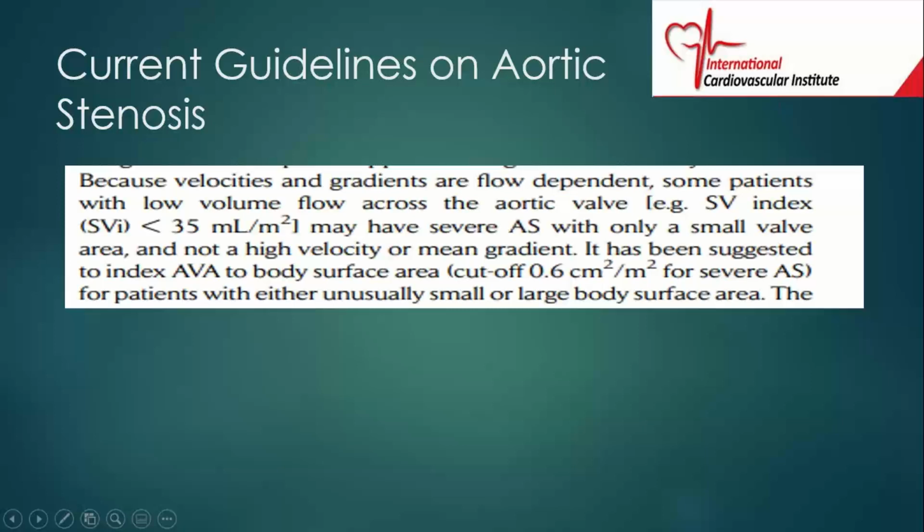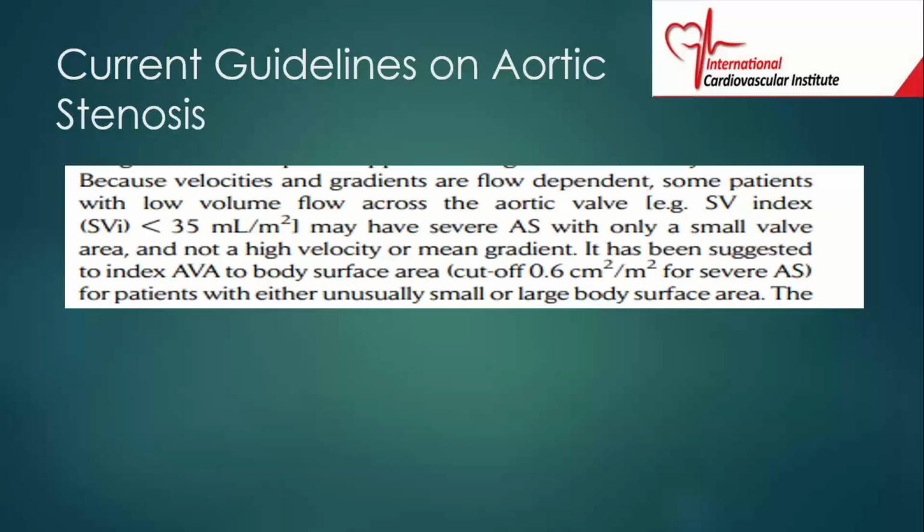But things in life are not straightforward a lot of the time. We do have a low flow situation. So some patients with low volume flow across the valve cannot generate that velocity, and hence they cannot generate that pressure gradient.